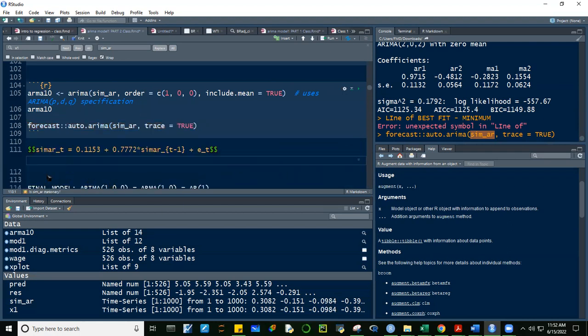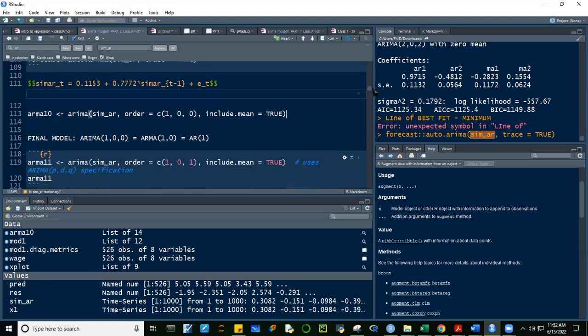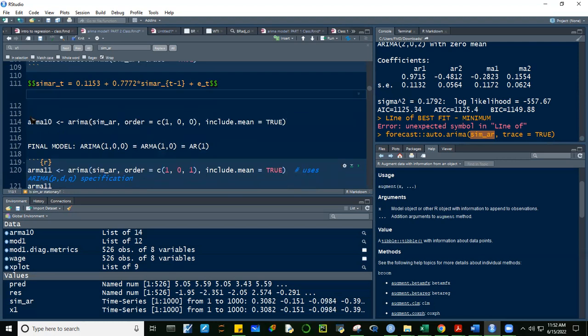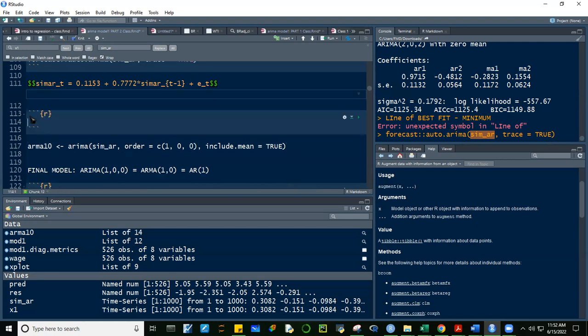Okay. Suppose here, guys, kunyari hindi natin alam na 2-2 yung model natin, ARIMA 2-2. So let's generate here. I'll deliberately, Control X, deliberately mamaliin ko yung model natin.